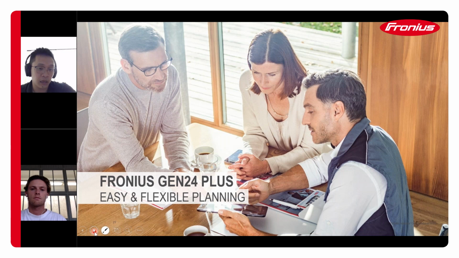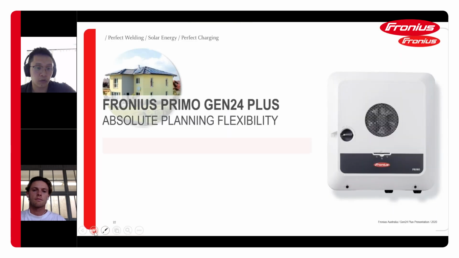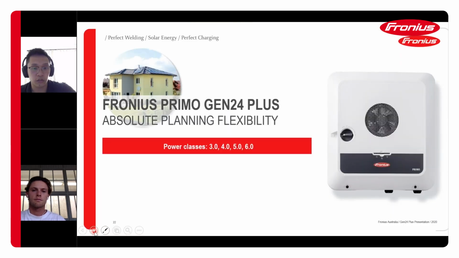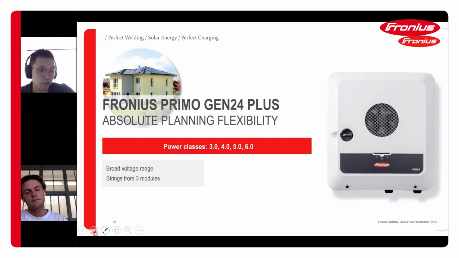Also the designer, when it comes to the Gen24. The inverter, let's say Primo Gen24, comes in 3, 4, 5, 6. Here in Australia, we're just going to bring the 4, 5, and 6. Not a lot of people use, I would say, 3 kilowatt anymore. We have quite a broad voltage range with the Gen24, so a string of 3 modules is enough to start the inverter. All right.